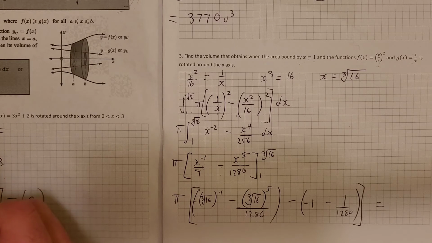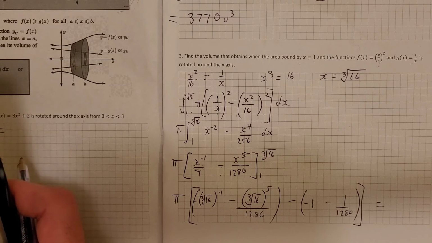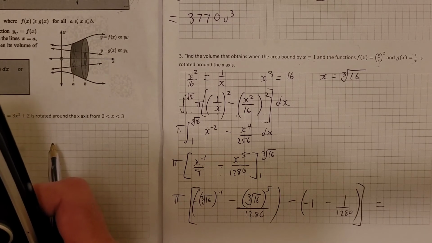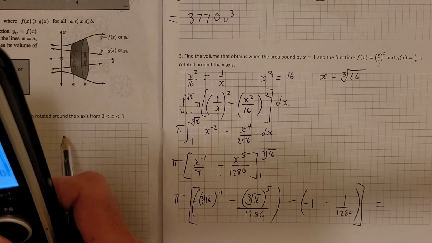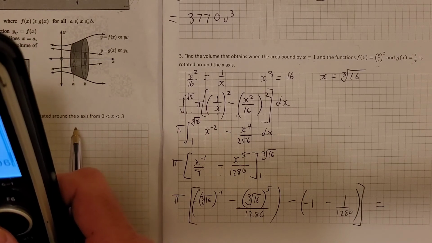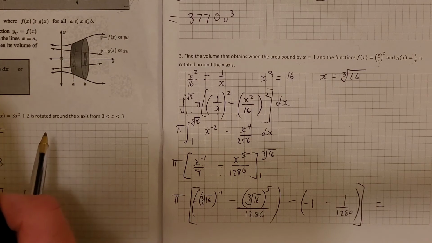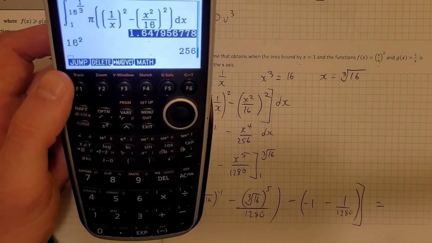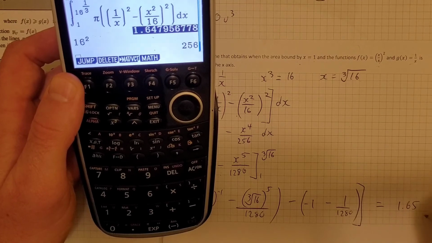And I've got 1.647, so we'll go for 1.65 units cubed.